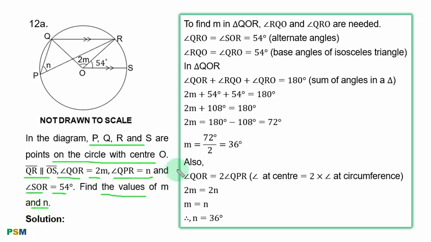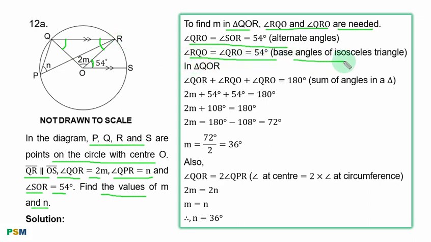Solution: to find M in triangle QOR, these two angles are needed. But this angle here is equal to 54 degrees, alternate angles. The base angles are equal because OQ is equal to OR. You have these results.